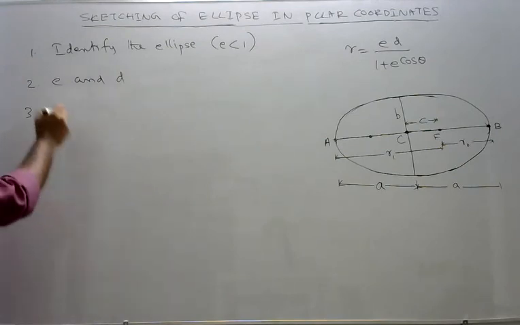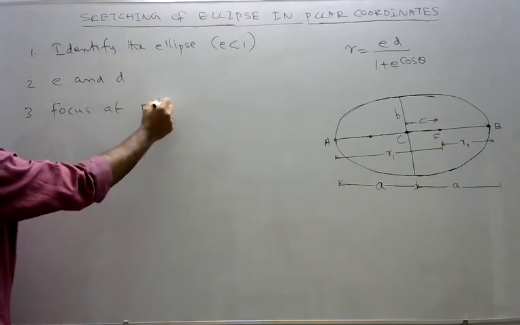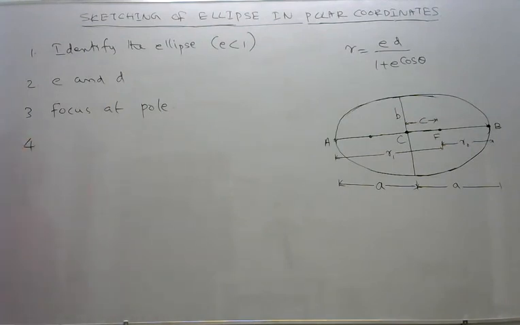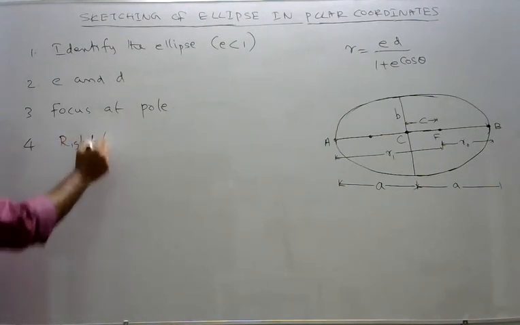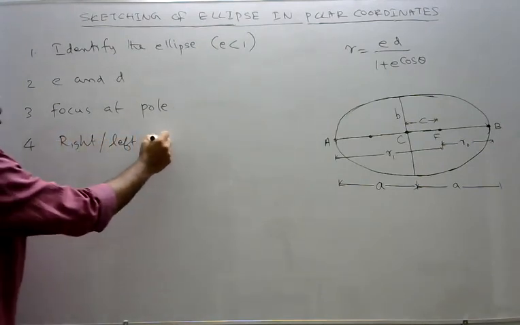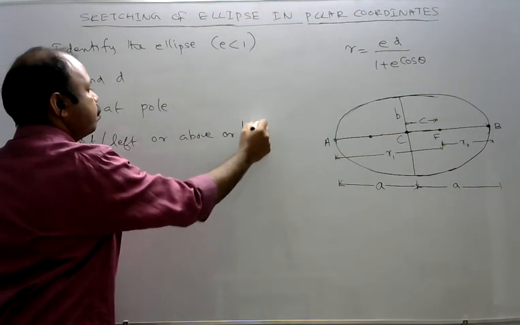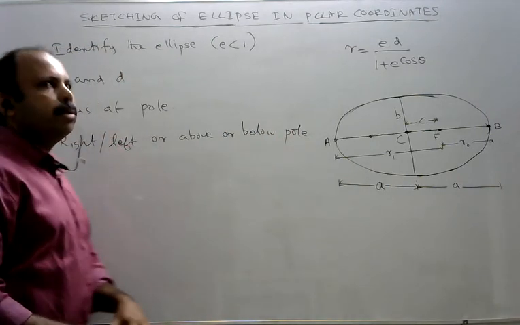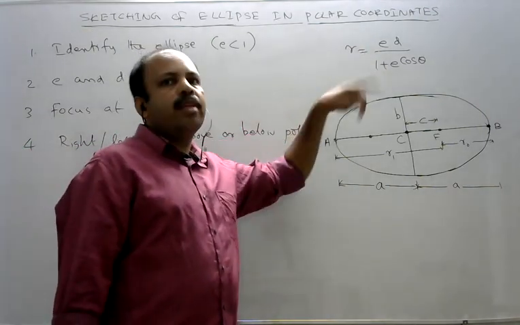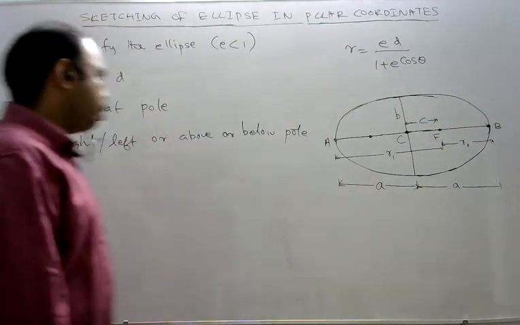The focus is at the pole. Next step, determine the position of the directrix, whether it is right or left or above or below the pole. It can be done as we have seen in the standard cases. In this case, the directrix is right of the pole.